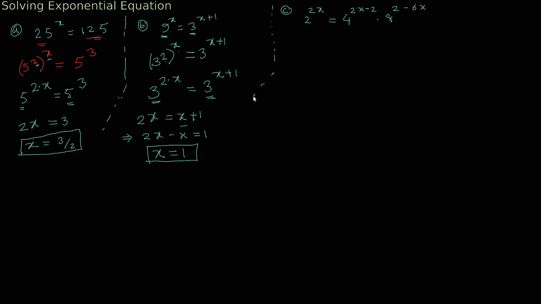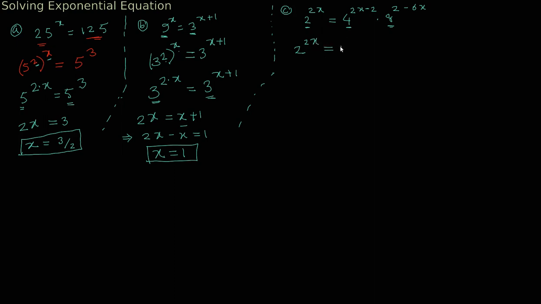Now let's look at the final problem. Here I have base 2, here base 4, here base 8. Let's see if I can express all the bases with the same base. The first one on the left hand side I cannot do anything, so I'm going to keep it as it is.